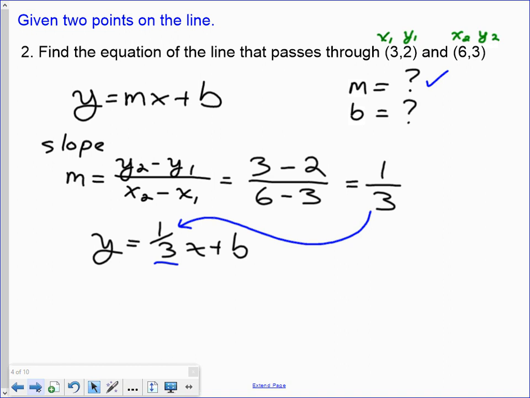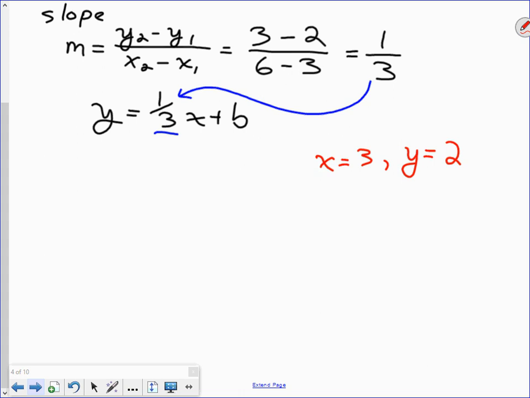I can take one of these points here, (3, 2), okay, which is telling me that x is equal to 3 and y is equal to 2. All right. And I can put those numbers into my equation. 2 is 1/3 times 3 plus b. Okay. And now I've got my equation that I can solve for b.